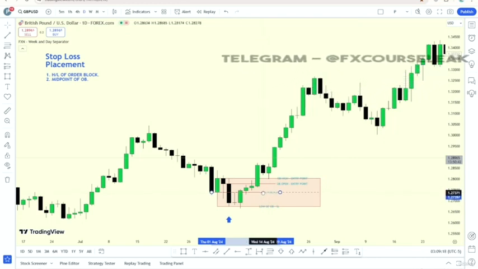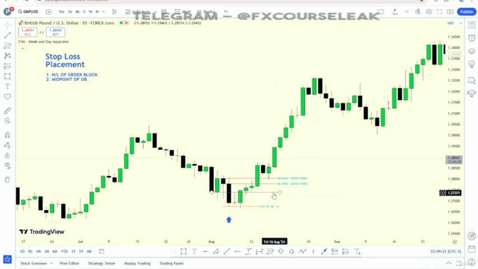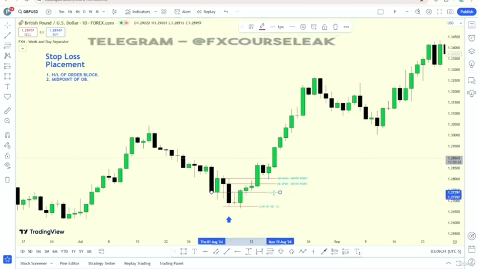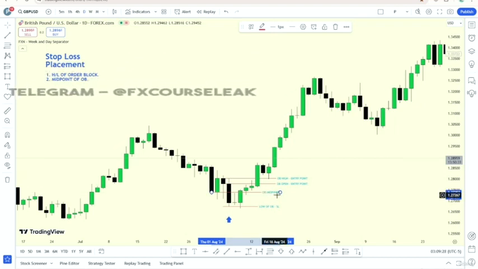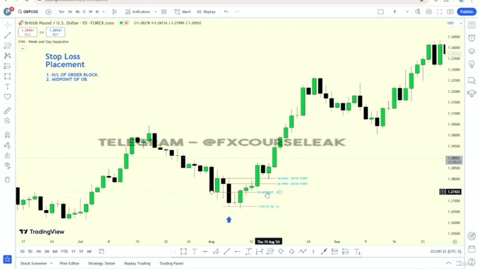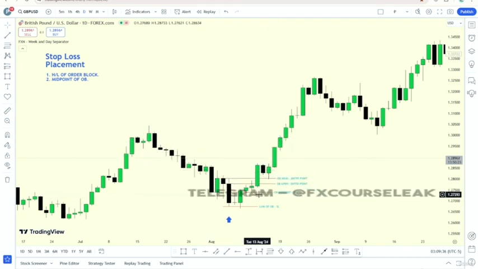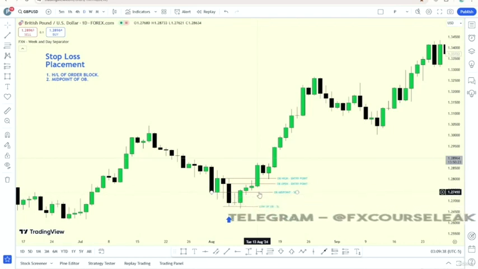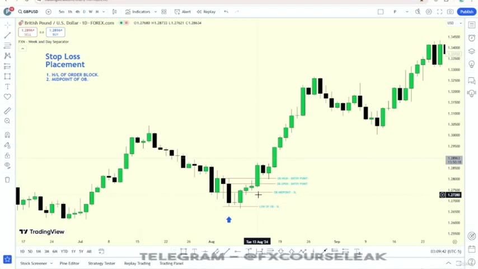So that is our midpoint. This is also an area where you can place a stop loss, but it's a more aggressive area, and you want to make sure again you subtract at least 2 to 3 pips below. Don't put it at the exact midpoint, just put it 2 to 3 pips below it.